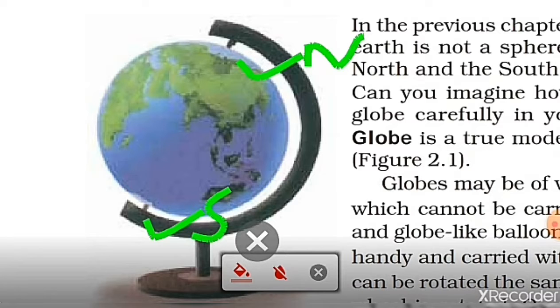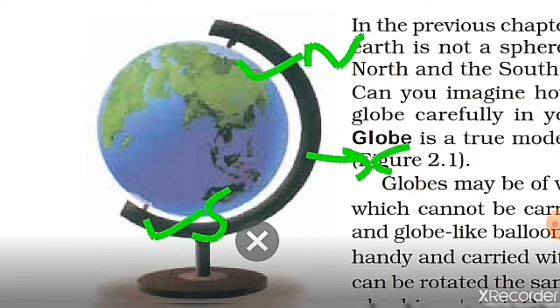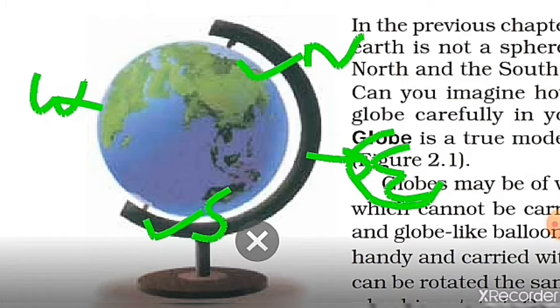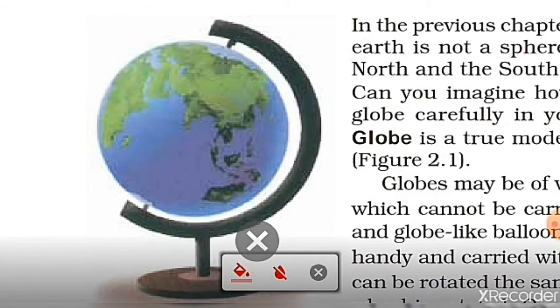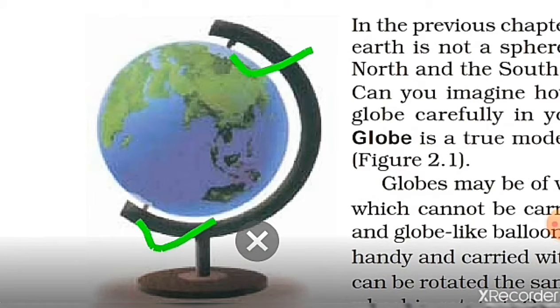You can imagine North, South, East and West, and there are two points, the North Pole and the South Pole.